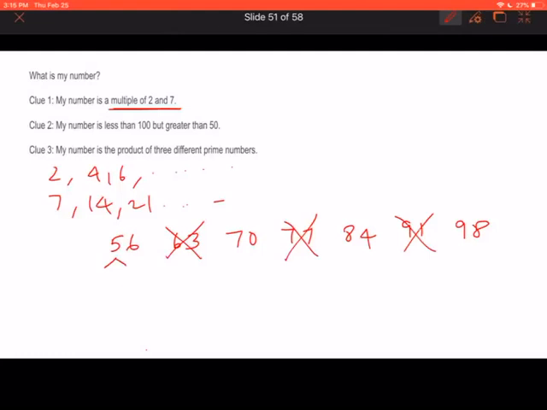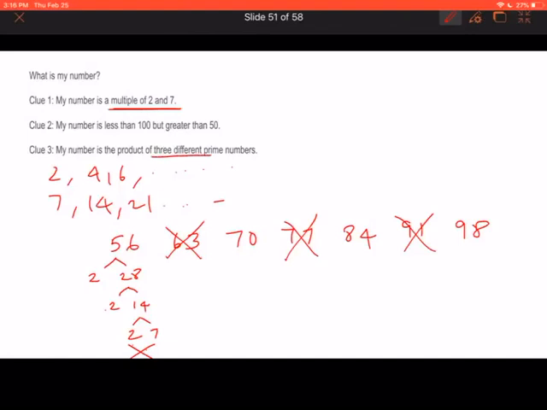So 56, 28, 14, 7, right? So it has 2, 2, 2 and 7. We want three different prime numbers as the factors, so 56 is also eliminated.